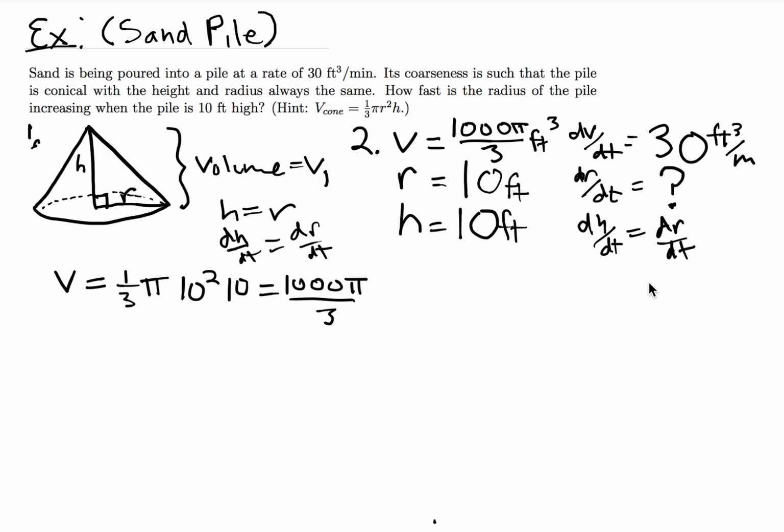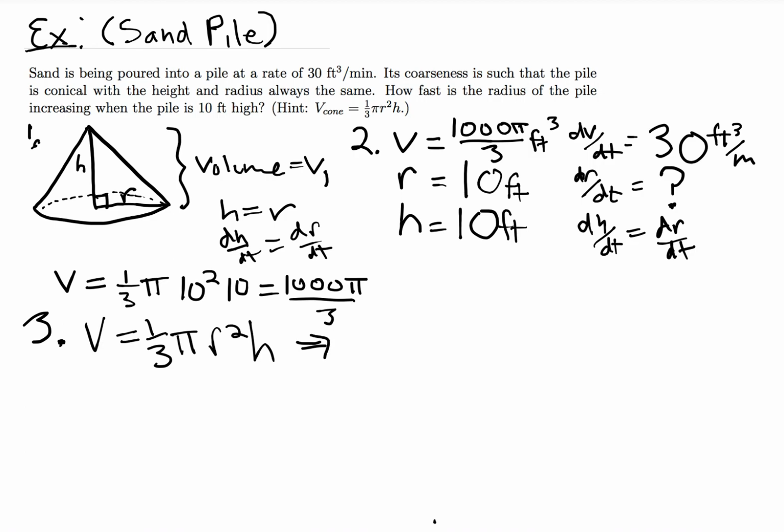Now the alternate way to deal with this is, well, we can tweak this in our step 3. Step 3 said that we have to relate all our variables. Now the cheap way to do this is just steal whatever was in the hint: volume is 1/3 pi r squared h. But there's a better way to think about this problem that simplifies things a little bit.